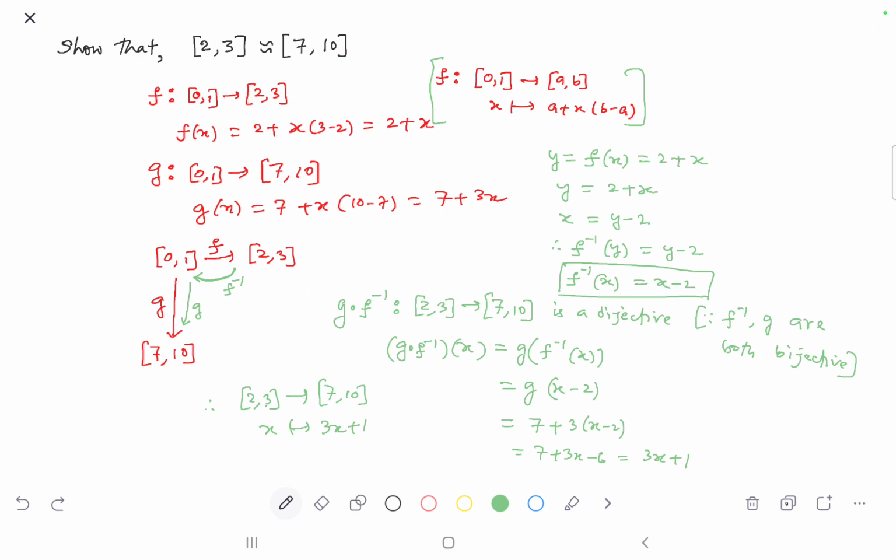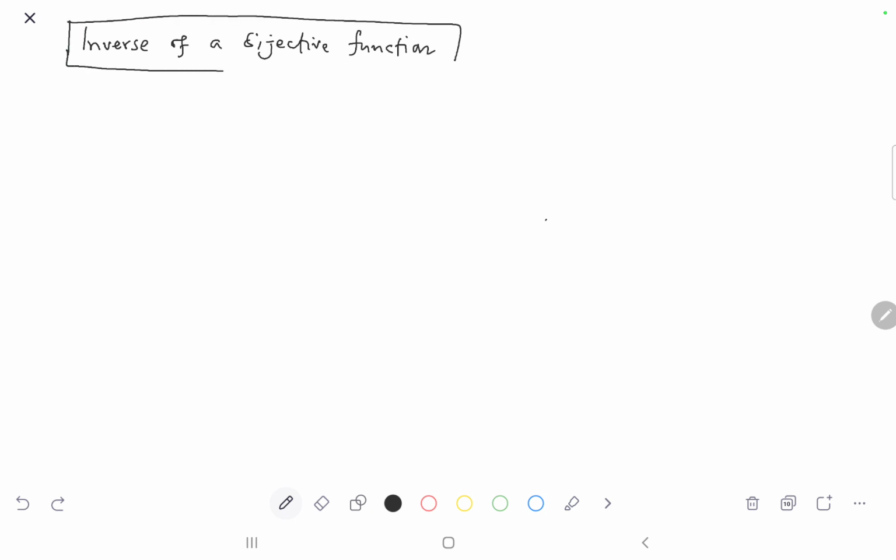Let me tell you, as a last example, how to find the inverse of a bijective function. Only a bijective function will have an inverse.